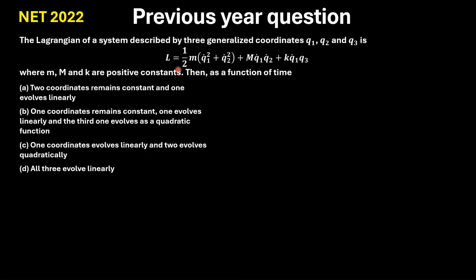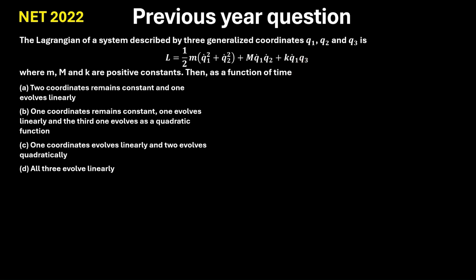In this question, we are given a Lagrangian and we have to find the correct options here. Now, if you see the Lagrangian, you can see that Q1 and Q2 terms are not present, but the Q1 dot and Q2 dot terms are present. But in the case of Q3, we can see a term here.